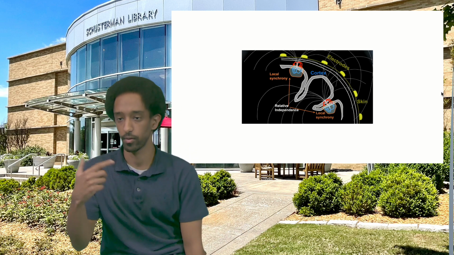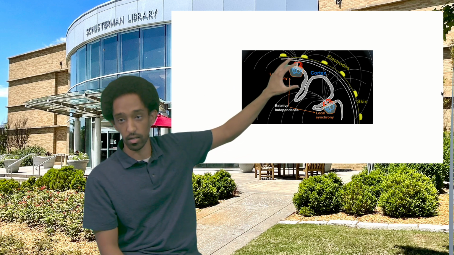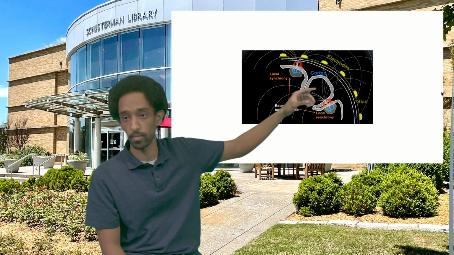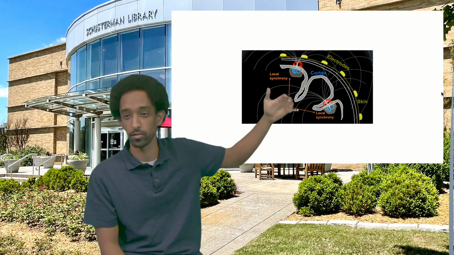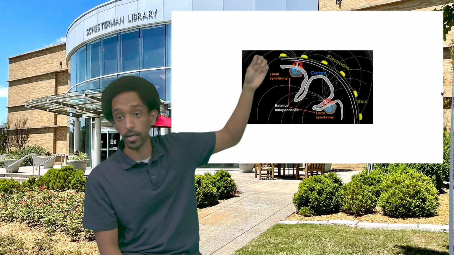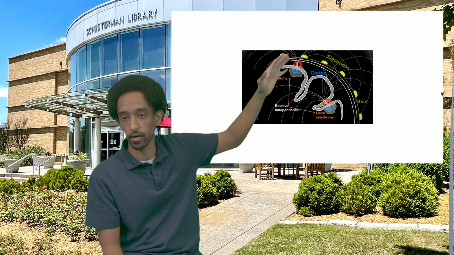And these are the signals that we're picking up on, right? So you can see there's some, they call it local synchrony here, and then there's some local synchrony here, and they each emit a certain frequency. They synchronize to a certain frequency. And essentially, we want to pick up on those frequencies, or those oscillations, right?